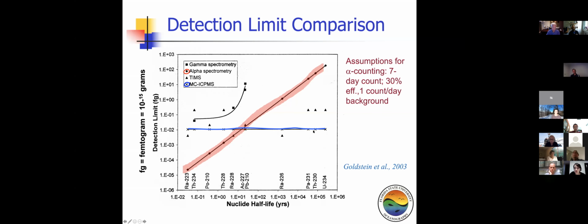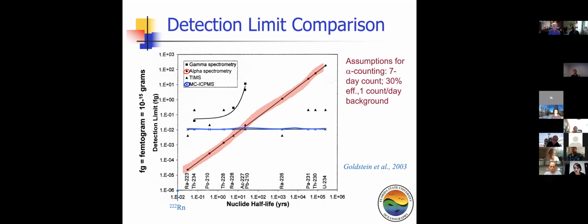In other words, your sensitivity is much better, your detection limit is much lower using a mass spectrometer than alpha spectrometry. But notice that right around the half-life of lead-210, actinium-227, which is around 20 years, they're about the same. And then you get into even shorter-lived nuclides like polonium-210, radium-223, and radon, which is not shown here, but I added it.